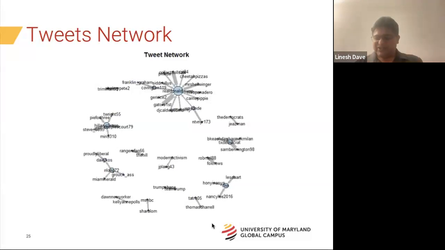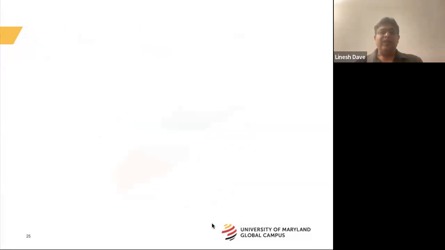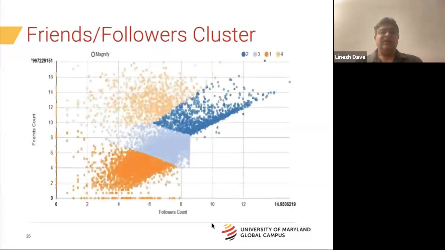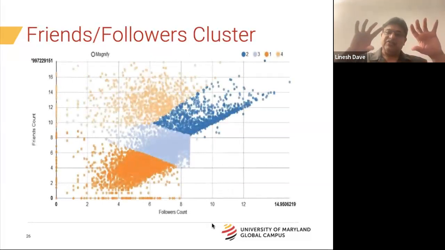We looked at the clusters of friends and followers, putting the friends count and the followers count on two different axes, as two dimensions, and then looking at the different clusters of users and where they fell in this 2D chart.